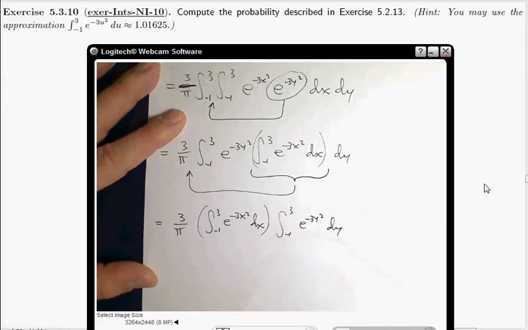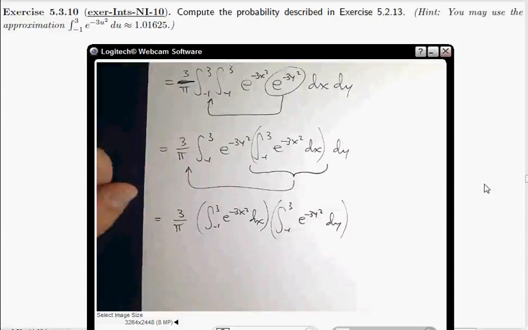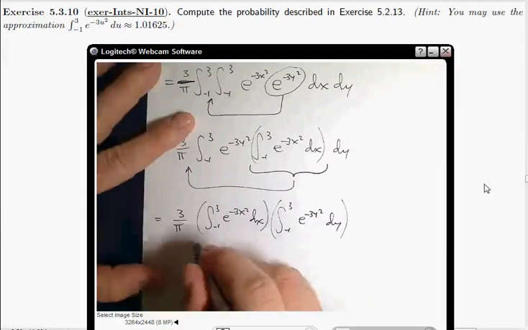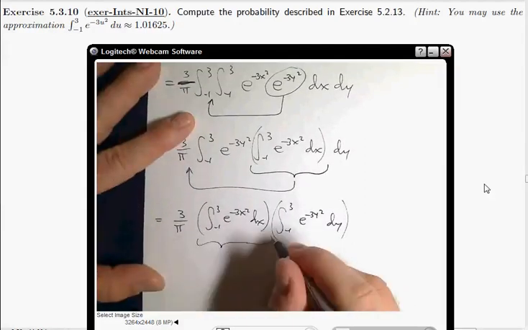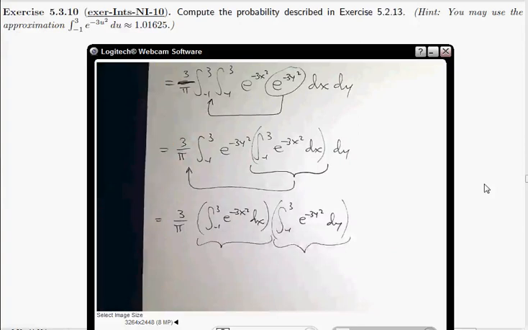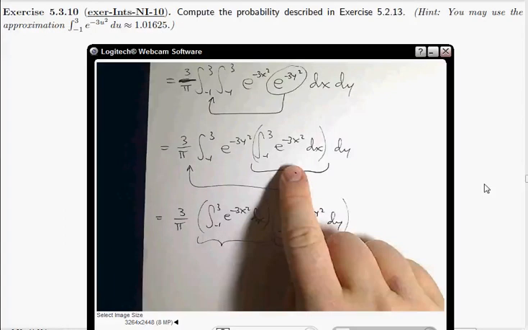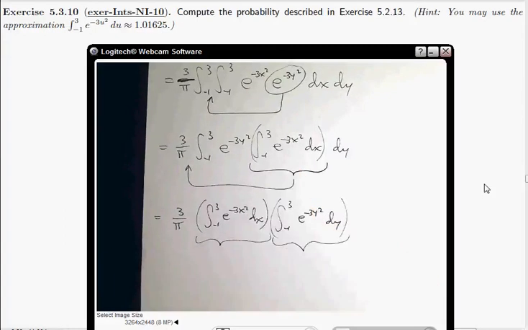I have that. And notice both of these are the integral that's given. Yeah? So if you're taking the dx integral, and you have the e to the y stuff, you can just completely take that out.